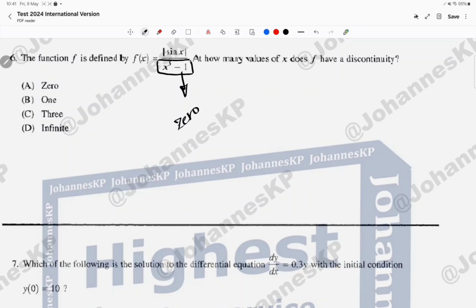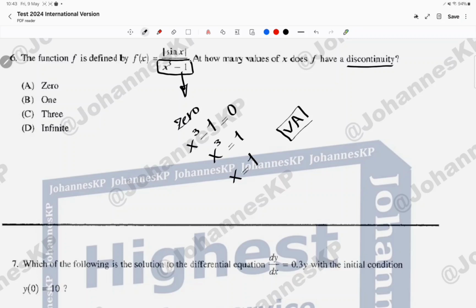Okay. So that means I will do x cubed minus 1 equals 0. X cubed is equal to 1. So x is equal to 1 as well. That means if I were to plug in 1 in here, I would get a 0 on the bottom, and that would give me a vertical asymptote. And a vertical asymptote is called a discontinuity. Okay?